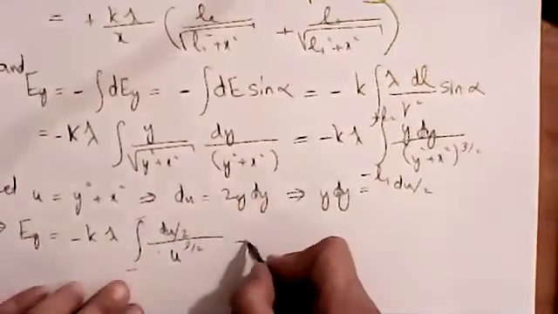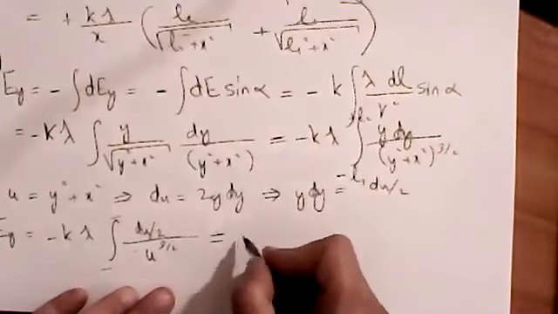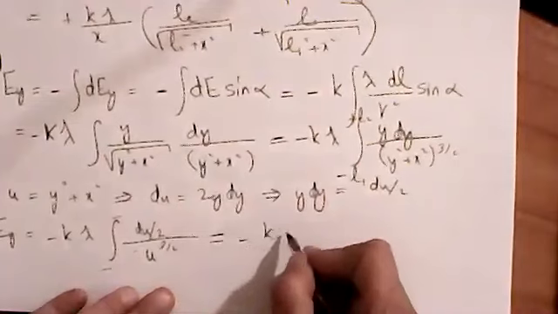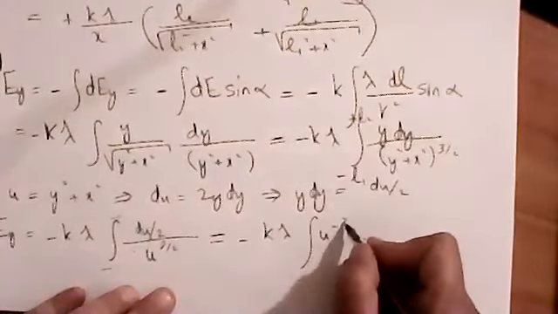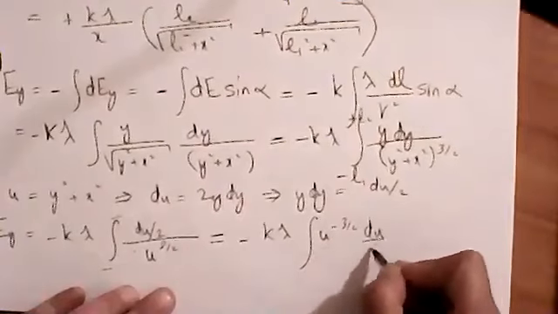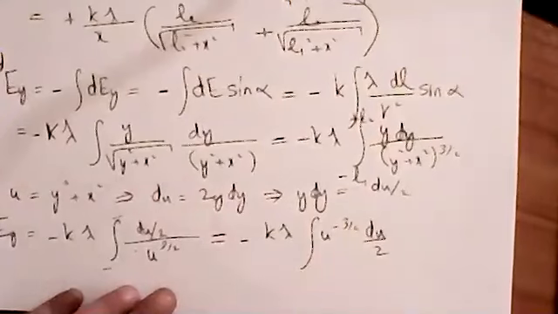So in other words, what I'm going to do is this: minus k lambda integral of u to power minus 3 over 2 du over 2. I put the u to power 3 over 2 up with a negative sign. Fine.